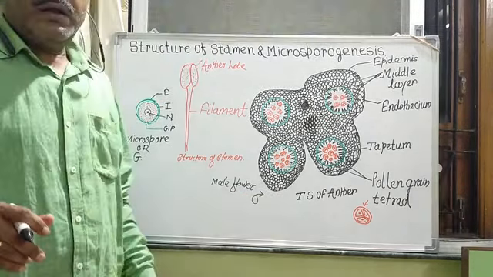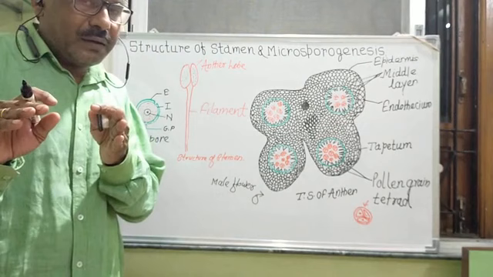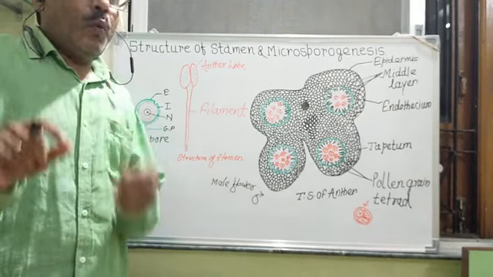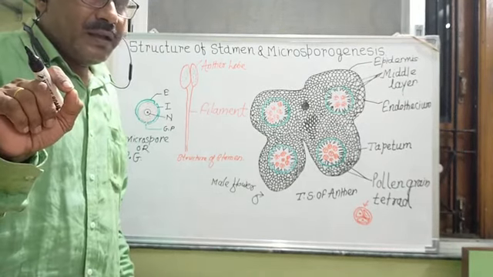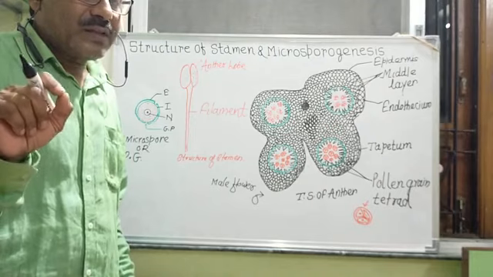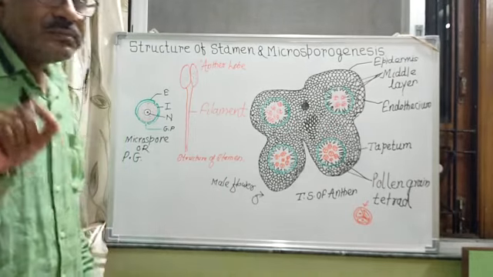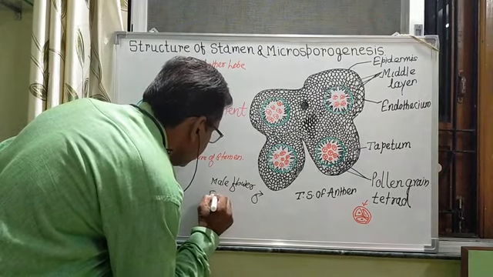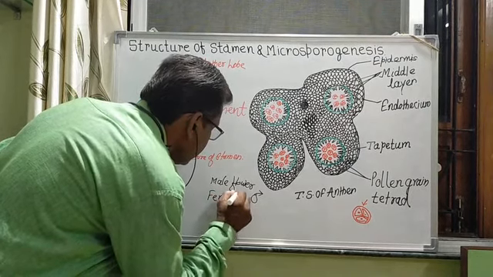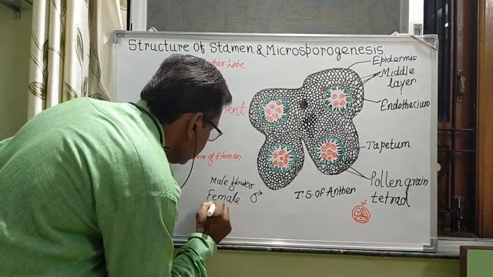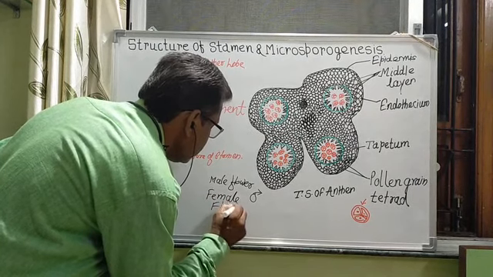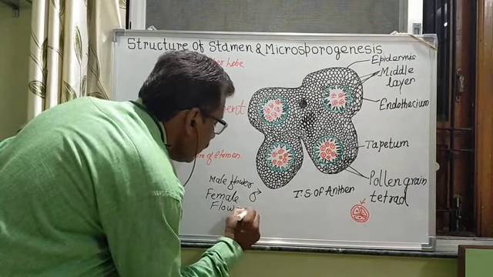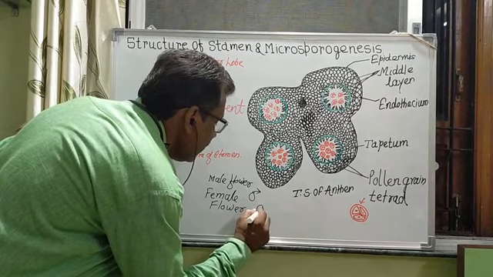And if in a flower only gynoecium is present, then such a flower is called a female flower, represented by a sign like this.